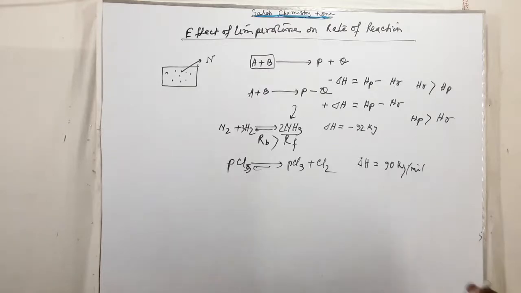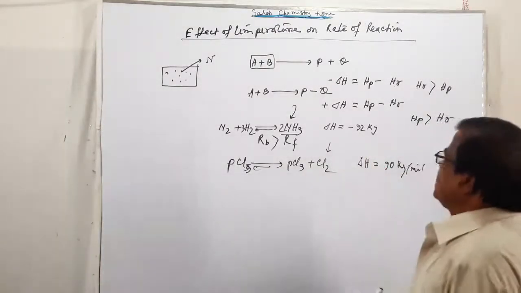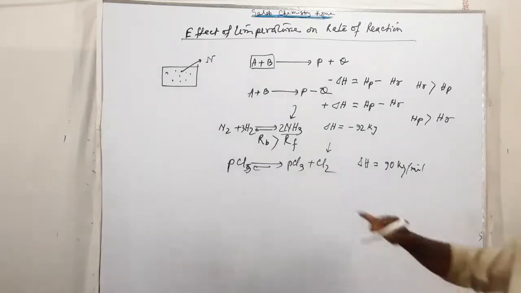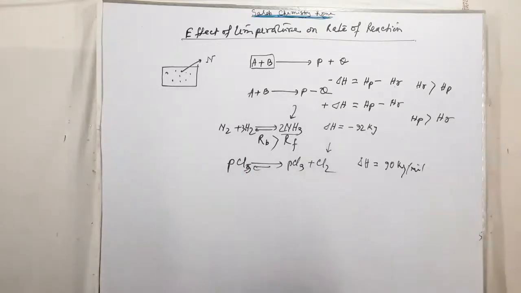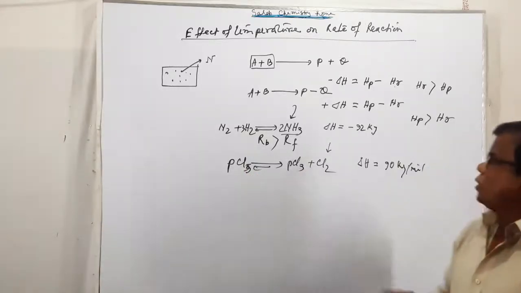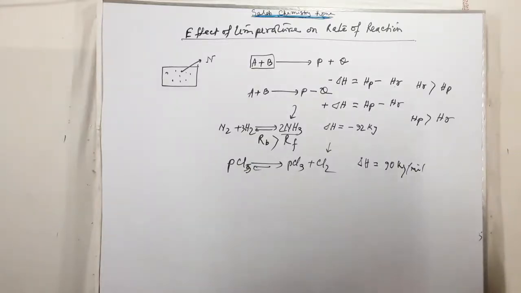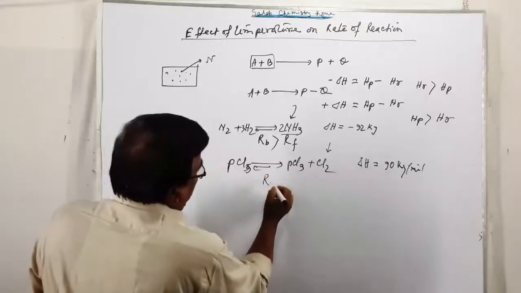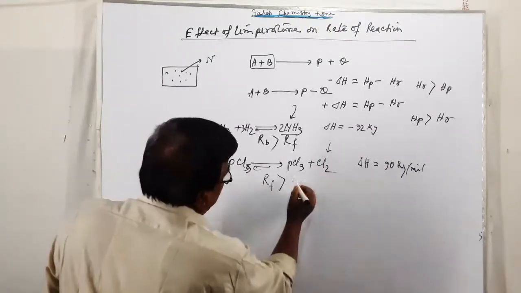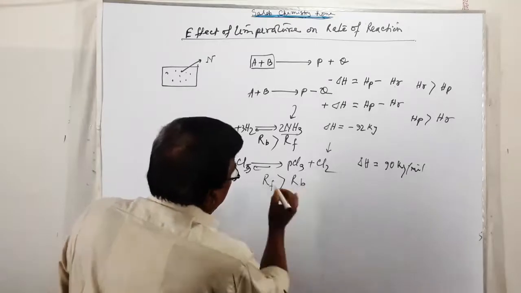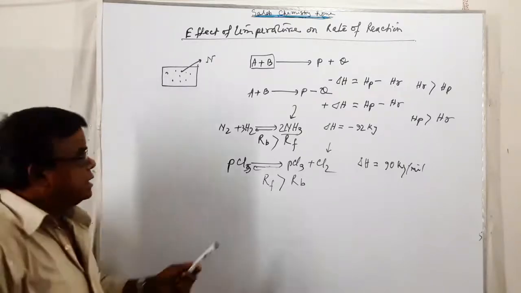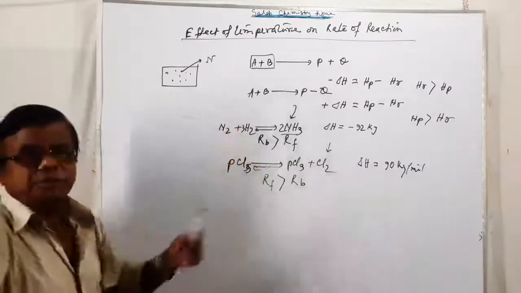In this case, if temperature increases, then the product, phosphorus trichloride and chlorine, also increases. That is, rate of the forward reaction is greater than the rate of backward reaction. And if the temperature decreases, this will be reversed for both reactions.